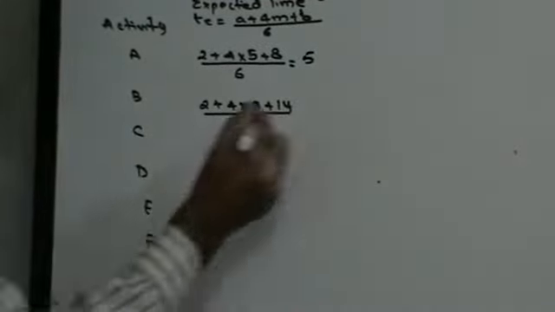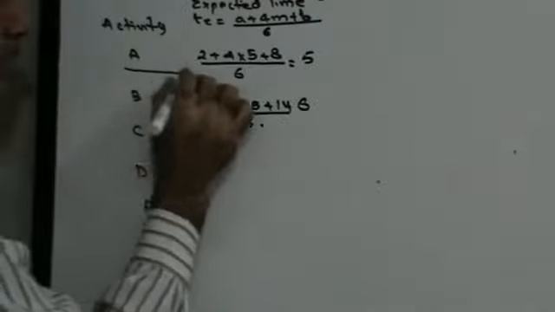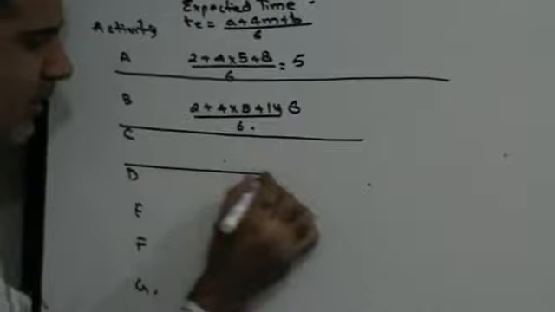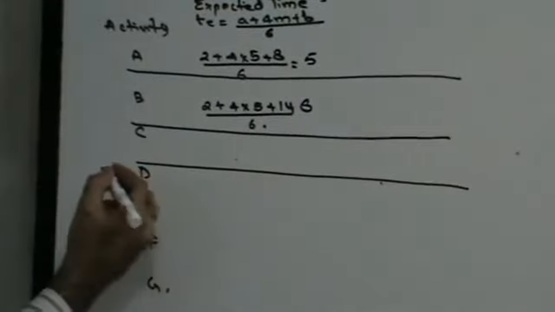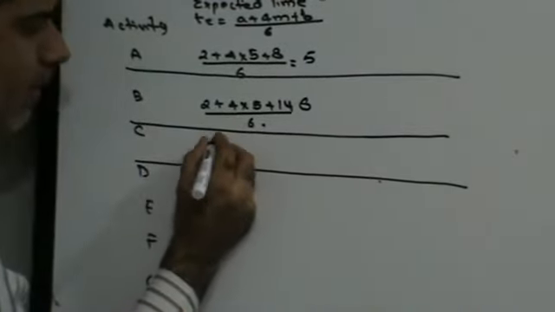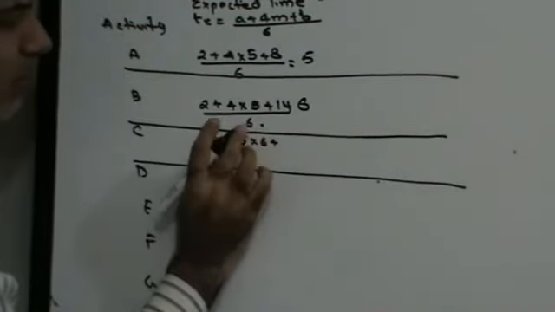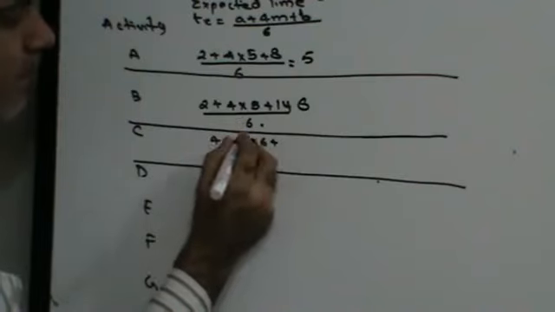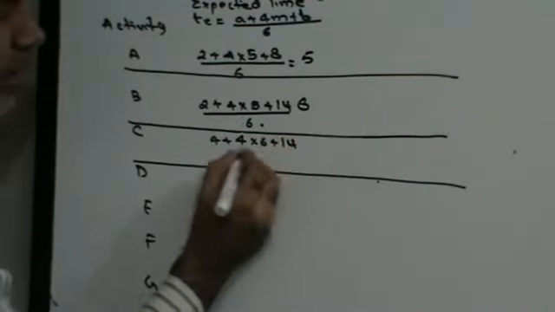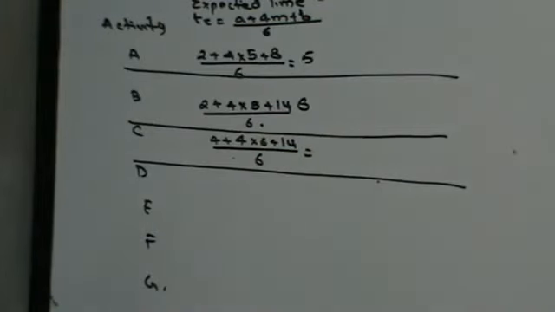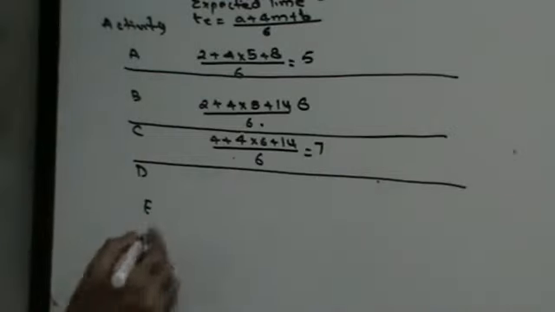So this is going to be 20, 22, 36 divided by 6, that is 6. For activity C, it is going to be 4 plus 4 into 6 plus 14 divided by 6, 24, 28, 42. 42 divided by 6, that is 7.